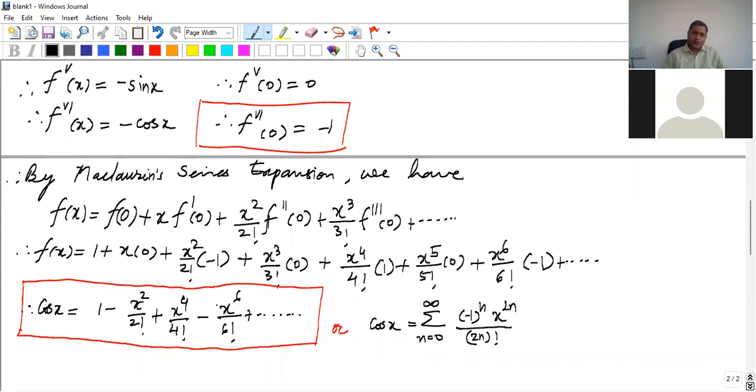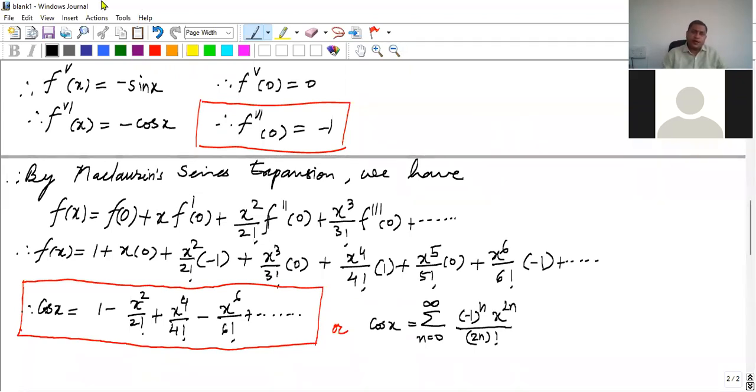N is equal to 1, you will get the second term. N is equal to 2, you will get the third term, and so on. So we can write this in terms of expansion also, and in terms of series summation notation also. So these both are the same series. Only the change is the notation. We have summation notation.